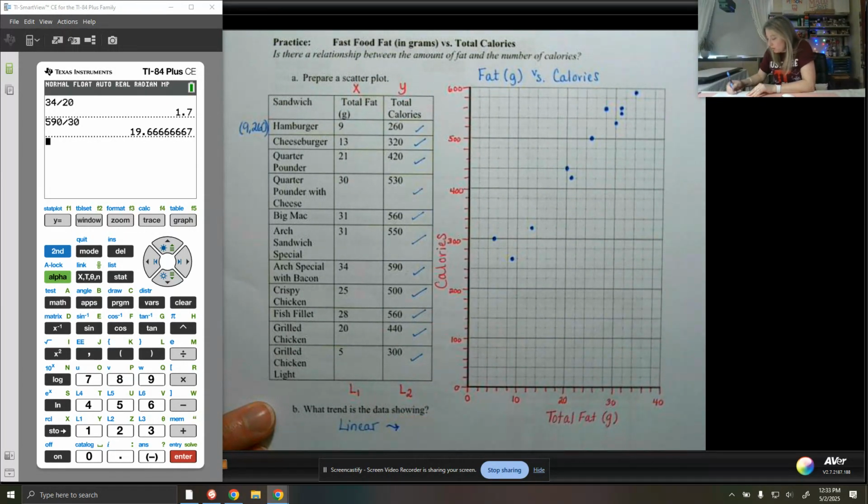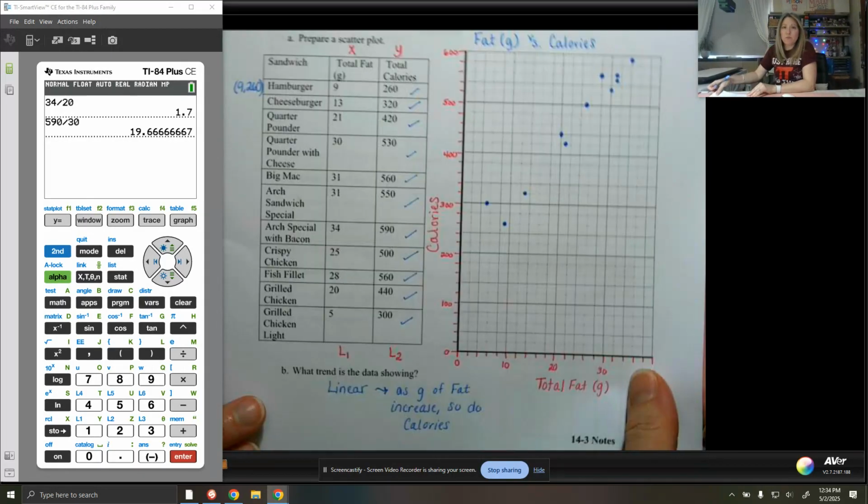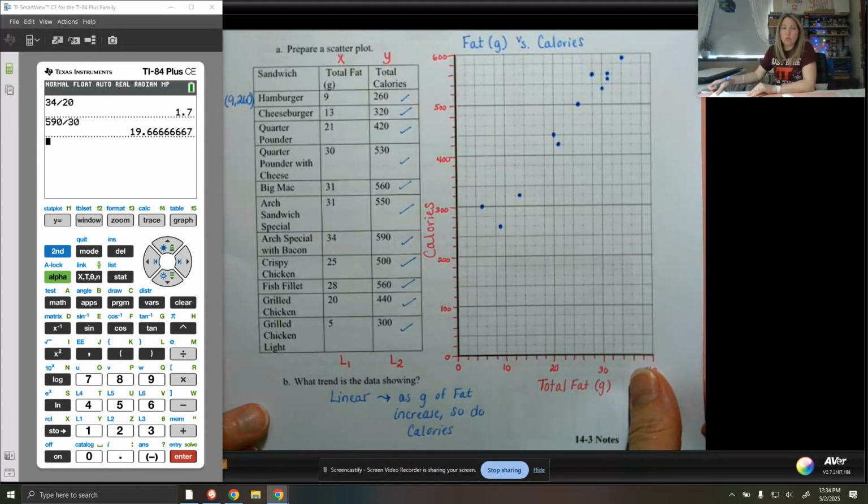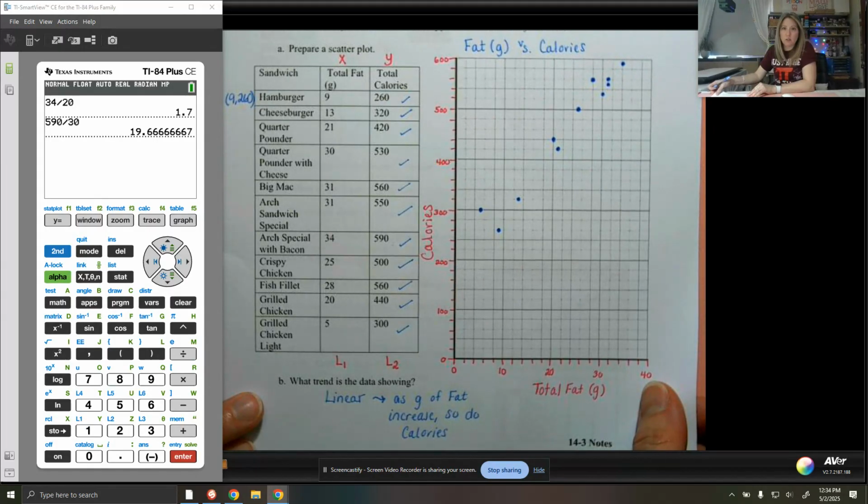What I mean by that is as grams of fat increase, so do calories. As the grams of fat are increasing, so do the calories in each of these sandwiches.